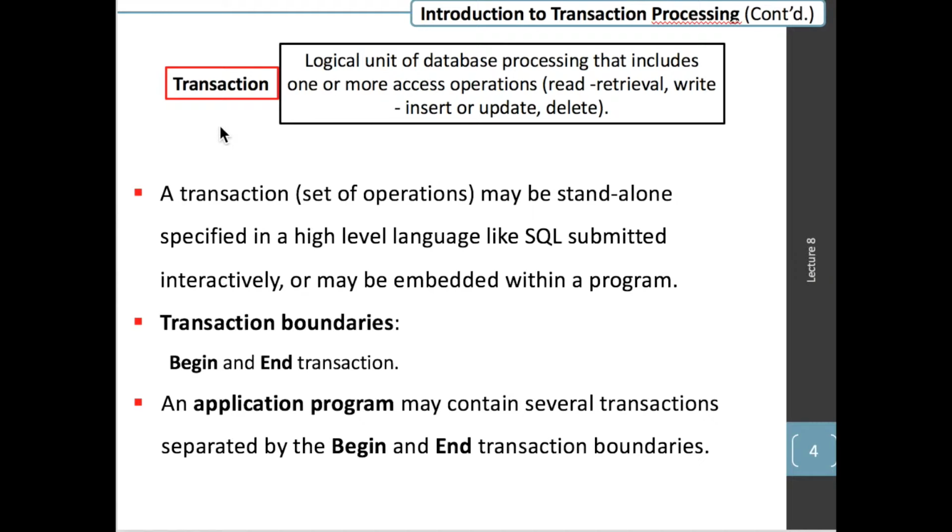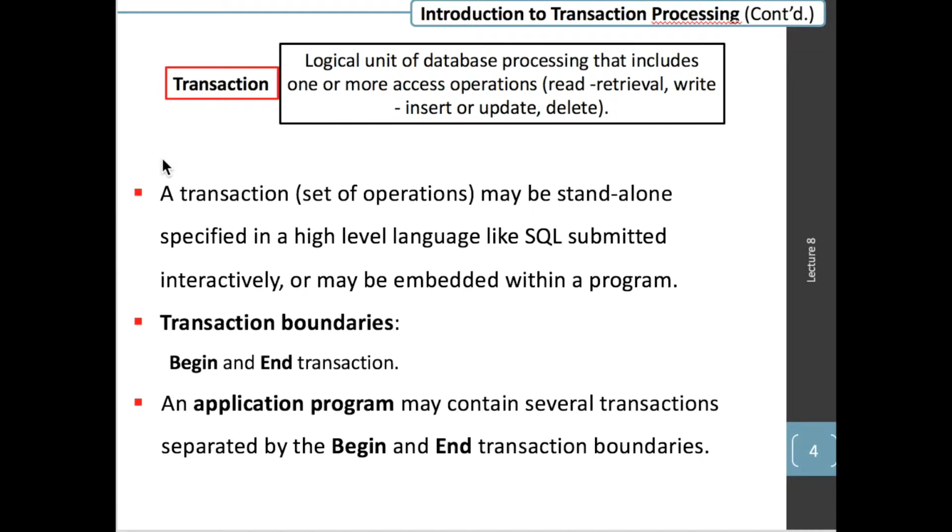What is a transaction? A transaction is a logical unit of database processing that includes one or more access operations. For a user who wants to access my database, he wants to read A, multiply A by 3 and write A. This is a transaction, which has a start and an end with a number of operations inside it.